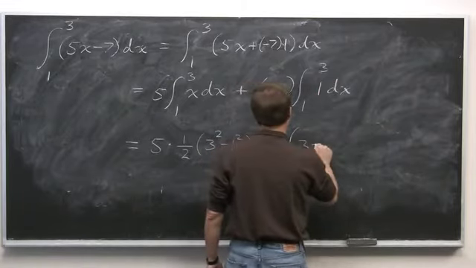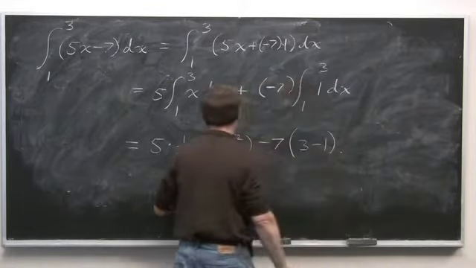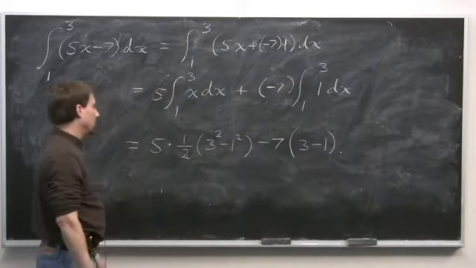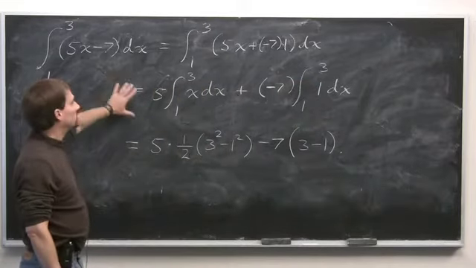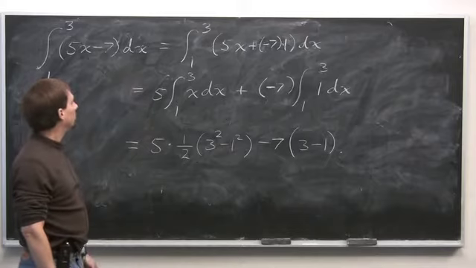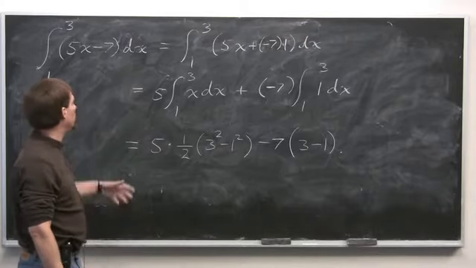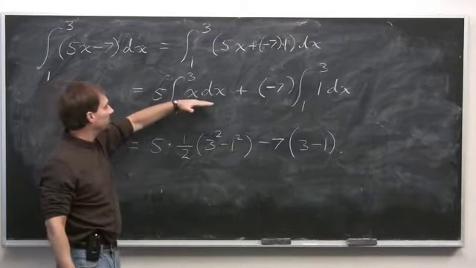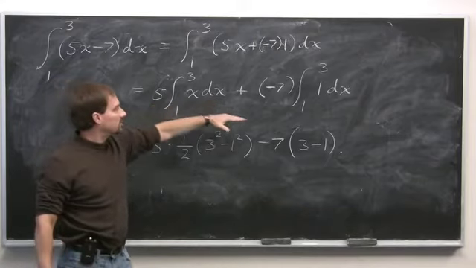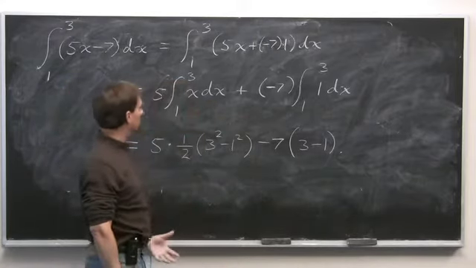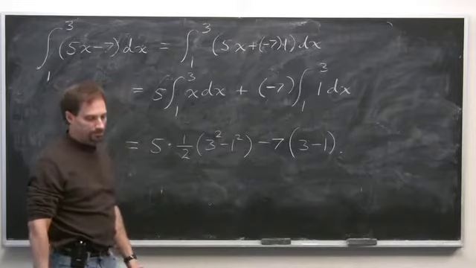So you get 3 minus 1. And so this is what you get. You can simplify this, but it doesn't matter. This is what you get for the definite integral. We have these fundamental building blocks of the integral of x dx and the integral of 1 dx, and we put those together to do this one.